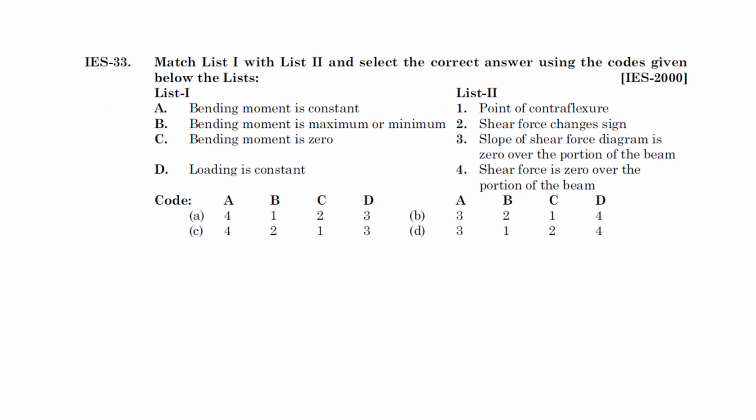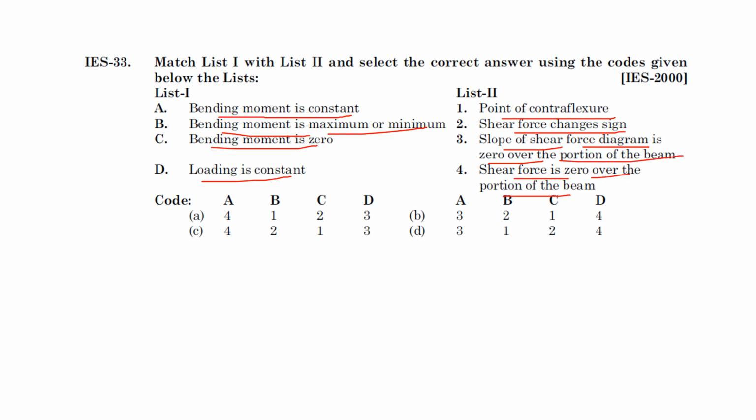Next question. They are asking to match: bending moment is constant, bending moment is maximum or minimum, bending moment is 0, loading is constant. The options are point of contraflexure, shear force changes sign, slope of shear force diagram is 0 over the portion of the beam, shear force is 0 over the portion of the beam.